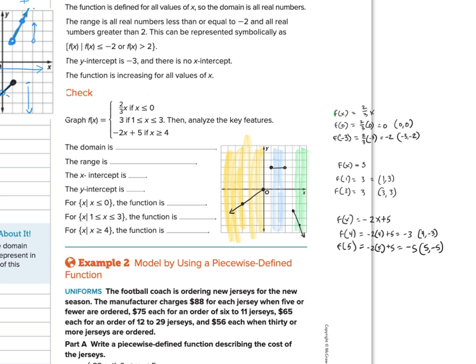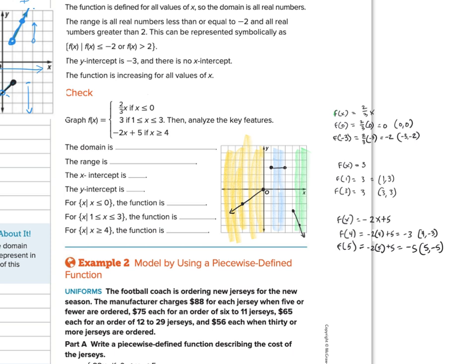And then the third function would be -2x plus 5 for all values greater than or equal to 4. So I plugged in a 4 and a 5 and came up with (4, -3) and (5, -5), and I plotted those 2 points. And those are the different functions that we have in this piecewise.